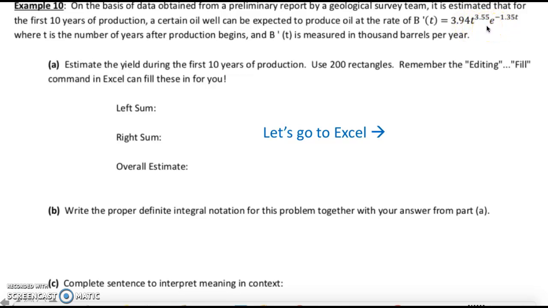So the only way that we can do this, we can't use the fundamental theorem of calculus. We would have to use Excel here to approximate this. And this is what often happens in real life. We don't get a nice function that we can go backwards from with a rate of change. So we use Excel to give a good approximation of the overall accumulated amount of change. So let me pause here and go to Excel.